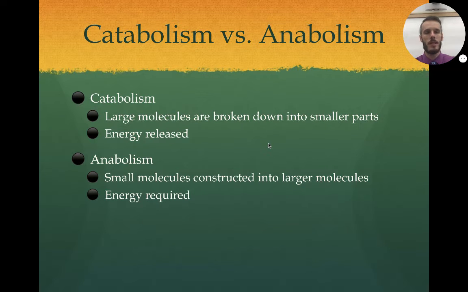Okay, so this says the same thing. Catabolism, large things being broken down, releases energy. Anabolism is the opposite, smaller things being put together, and that is going to require energy to do that.